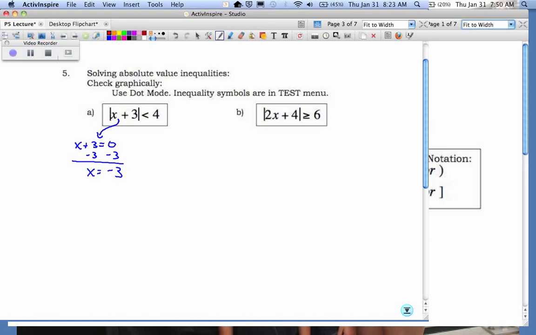So really, we're going to start at -3. So on a number line, put -3 here. Now, go in this direction, and where do I end up? I end up at 1. Go in this direction, where do I end up? -7. So there's my answer that way too. Lots of different options for you guys to solve it, but it all comes from understanding what absolute value is. It's your distance from 0. Okay?